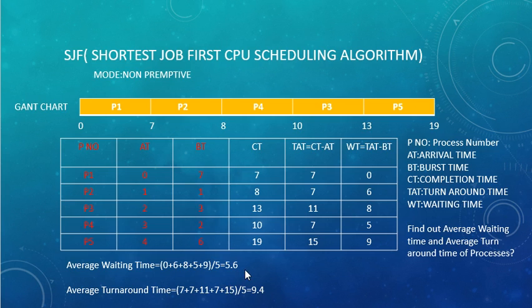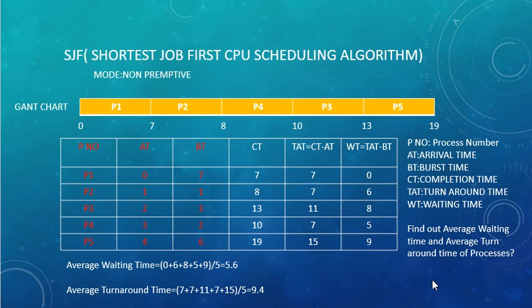It comes to around 5.6 units of time. And average turnaround time should be calculated by adding all the turnaround times of each process: 7 plus 7 plus 11 plus 7 plus 15 divided by 5, which is 9.4 units of time.